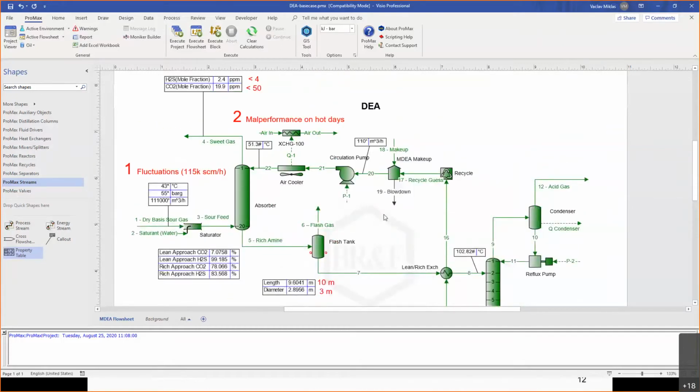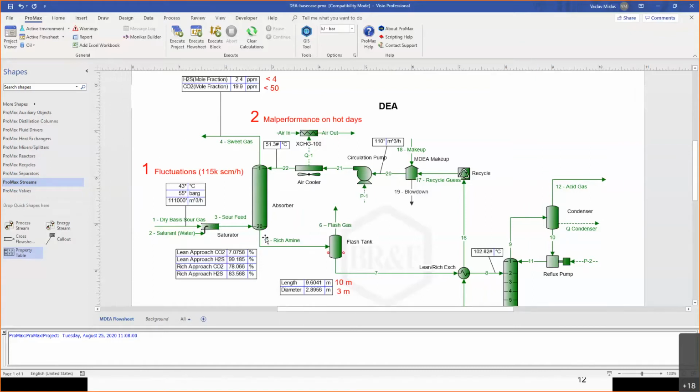So let me take you through all these small things we have here in terms of equipment information. And after that, we will investigate a couple of scenarios. We'll see how the unit performs when fluctuations occur, when it's a hot day, what would happen if we increase the circulation rate. So we're going to do all that after I give you this excursion.